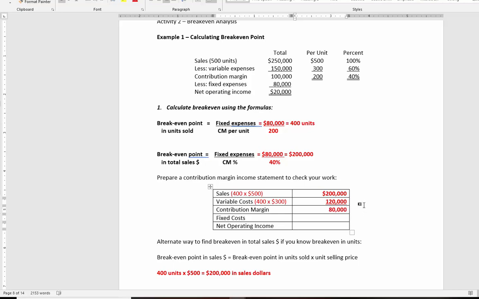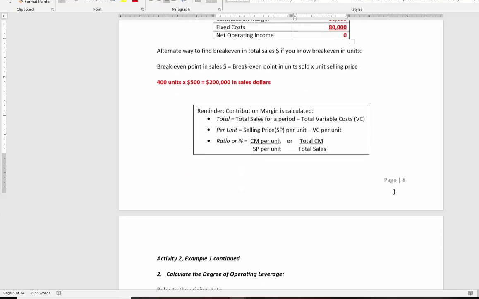So our contribution margin at break-even is $80,000. How much are our fixed costs? Well, they're also $80,000, which means our net operating income is 0, and that means that we correctly calculated our break-even.